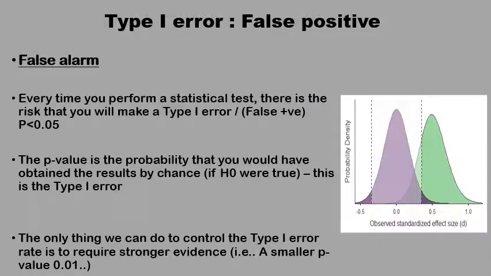We start with the type 1 error. Take this example. If we are running a test for a tumor marker that will tell whether a patient has a tumor or not, those patients who do not have the tumor are from this violet distribution, and those who have the tumor are in the green distribution.